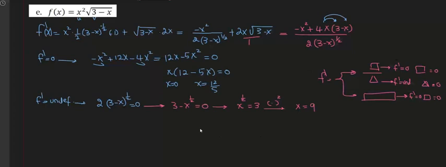Now, is this f dash that we computed going to be undefined only when x is equal to 9? We have a root here, and we know that we have a condition on the root of 3 minus x to the power of half.